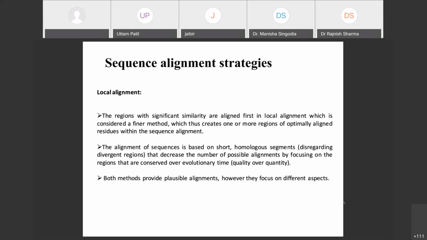Obviously, they will be conserved over evolutionary time because there are certain functions which are conserved, and these functions are related with the conserved amino acids. So those conserved amino acids you can easily find from local alignment. However, as I said, both of the methods provide a reasonable alignment, all kind of possible alignments, but they definitely focus on two different aspects.